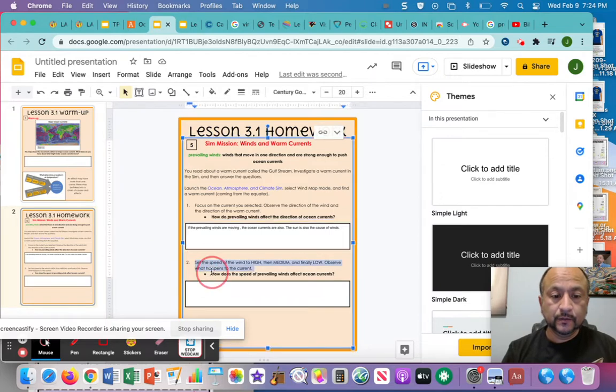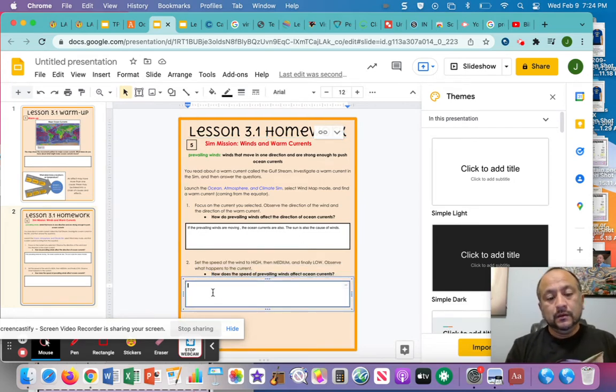And it says here for number 2, set the speed of wind to high, medium, and then finally low, and observe what happens to the current. If the speed of the prevailing winds move slowly, the effect would be a slow moving ocean current.